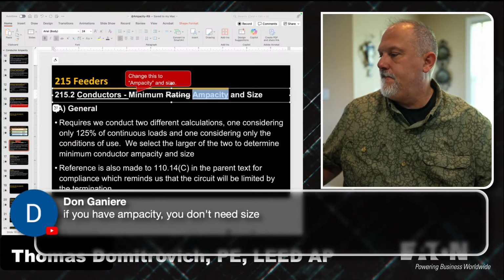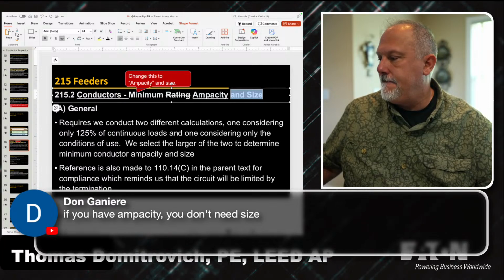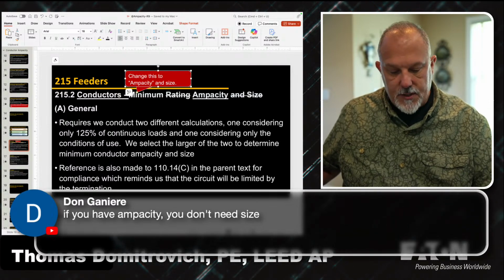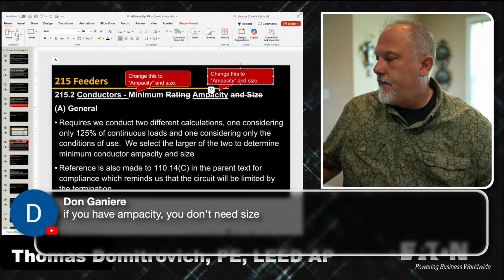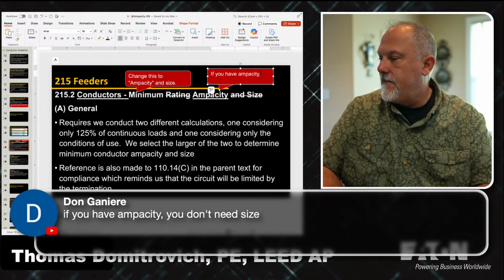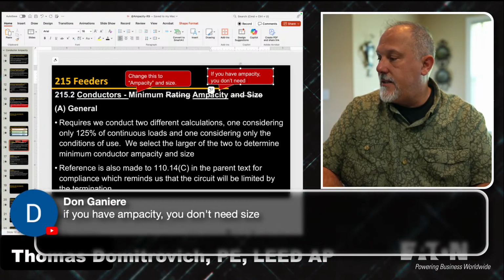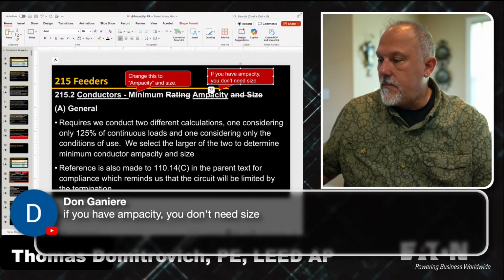You're right. That's another good change. Minimum ampacity. And I'm going to do this. If you have ampacity, you don't need size. I like that. Let's go back up.